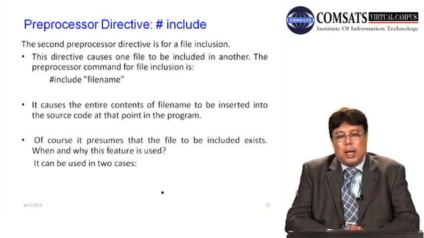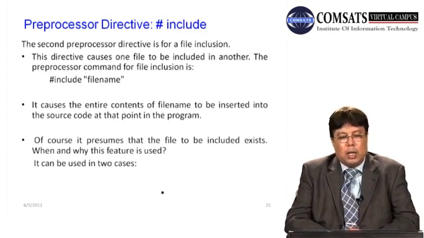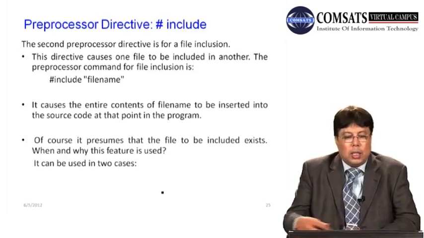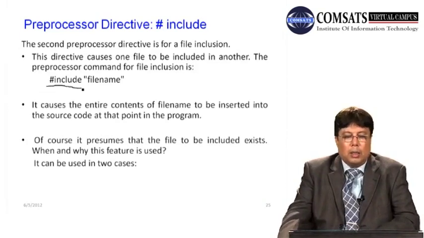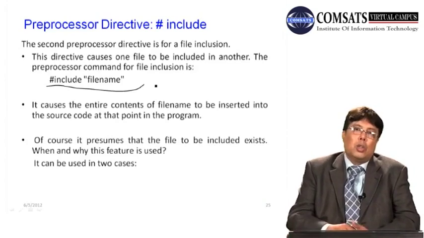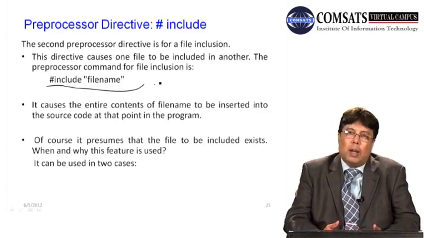The second preprocessor directive is for a file inclusion. The directive causes one file to be included in another. The preprocessor command for file inclusion is include this command. Okay, so you are writing a file, means जब आप एक source को टाइप कर रहे होते हैं, you are creating a file.